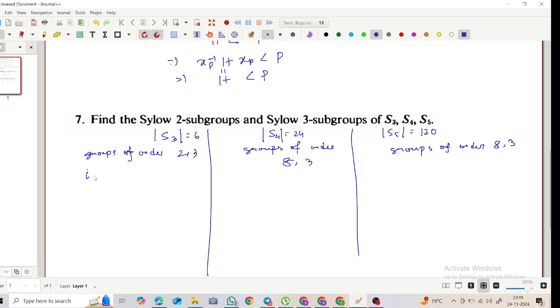So these are generated by (ij), right? (ij) belongs to {1, 2, 3}, and this is generated by (1 2 3), the Sylow 3 subgroup.